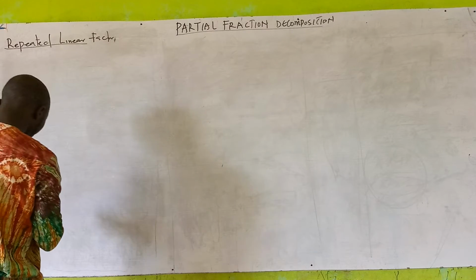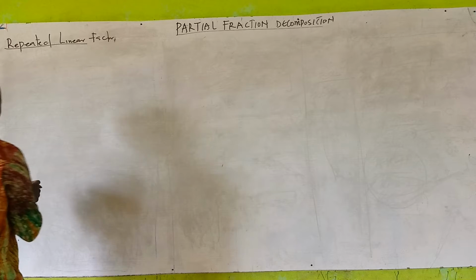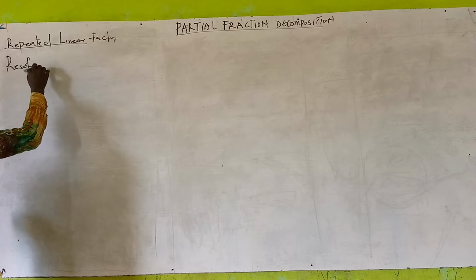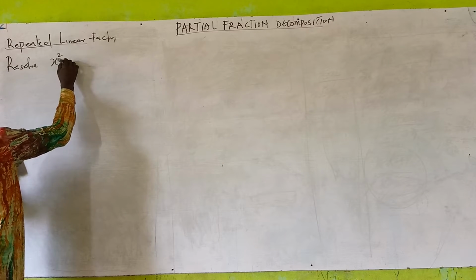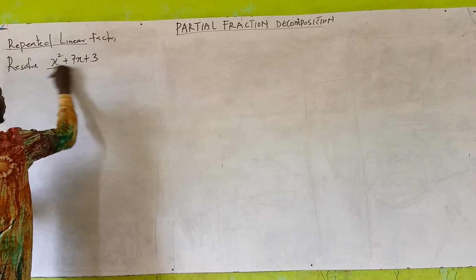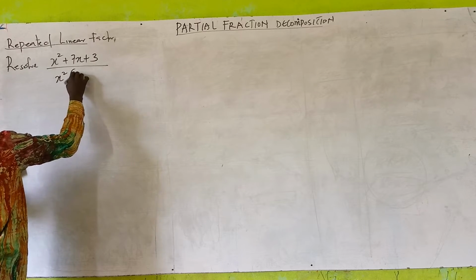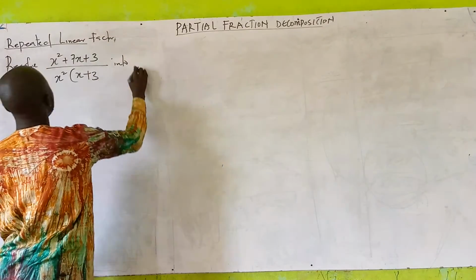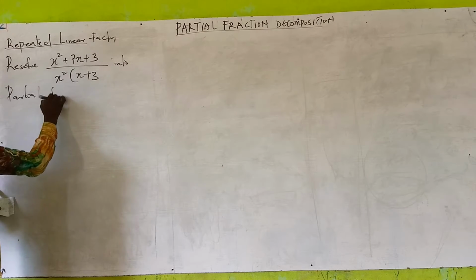It says, resolve x squared plus 7x plus 3 divided by x squared into bracket (x plus 3) into partial fractions.